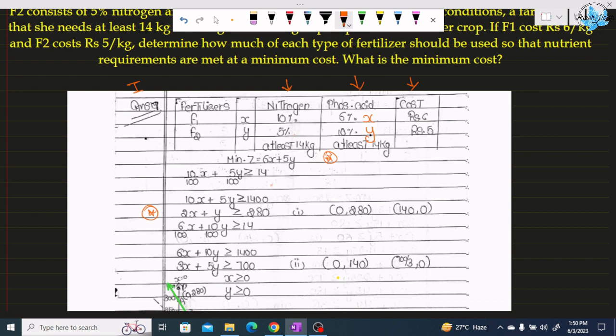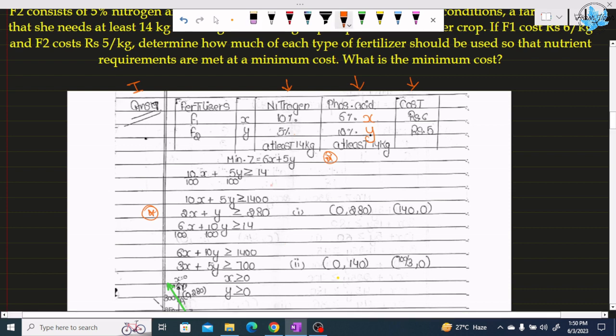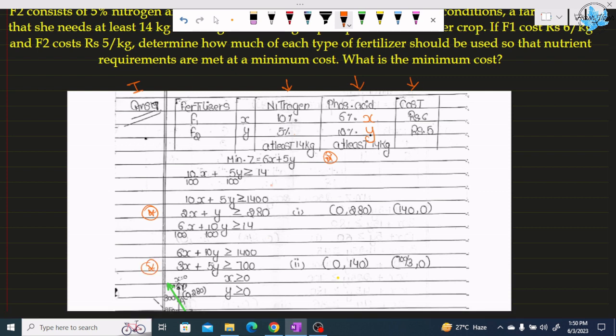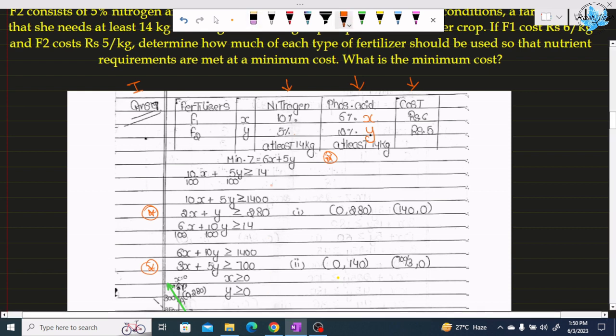Again take the LCM 100 and multiply on the right hand side, you will get 1400. Here you can take 2 common, or divide by 2 on both sides, and you will get 3x plus 5y is greater than or equal to 700, and x and y are greater than or equal to 0. You know that these are your non-negativity constraints.